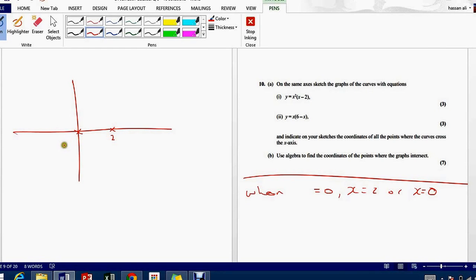Now remember it's a cubic, and it's a positive cubic, so my line starts from the bottom here. You're going to have 2 curves, so your line comes from here, crosses here, and then goes back up, like that. So that's for the equation y equals x squared times x minus 2.